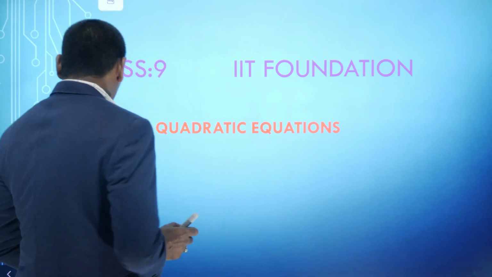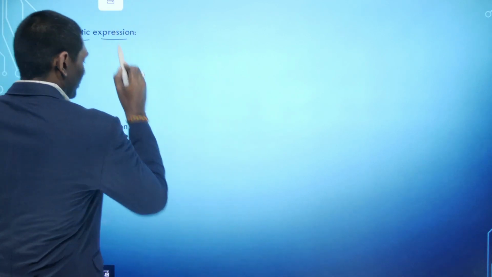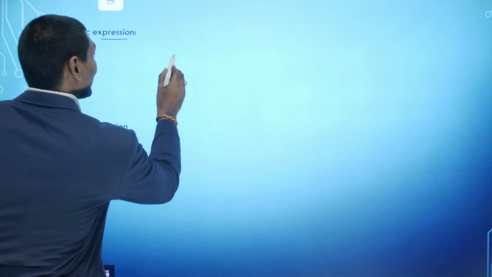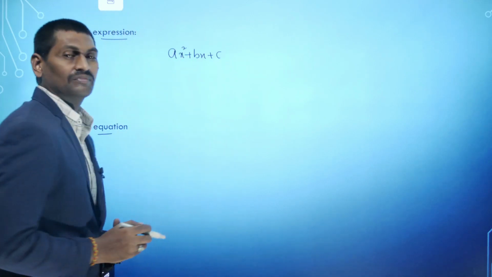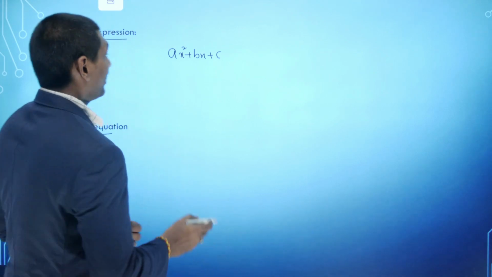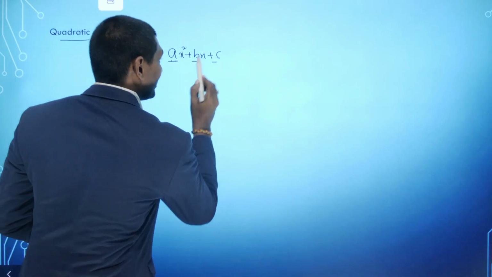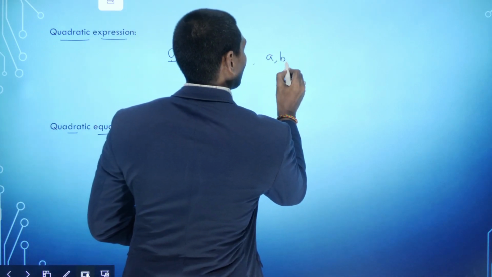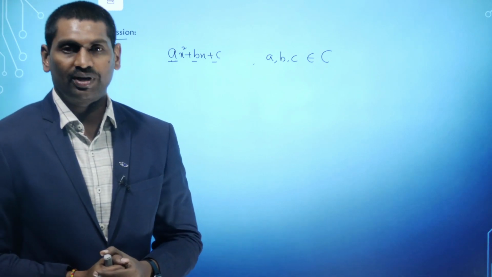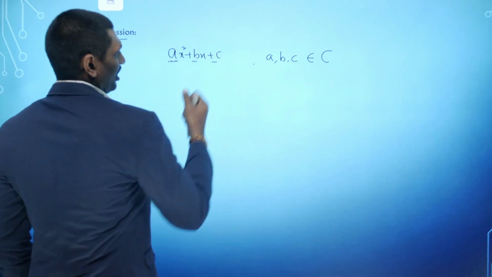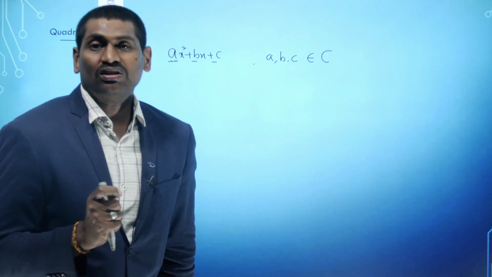Now let us go through the topic, which is the quadratic equation. First of all, let us see what is a quadratic expression. A quadratic expression is an expression in the form of ax square plus bx plus c, where a, b, c are called coefficients which belong to real numbers or complex numbers.